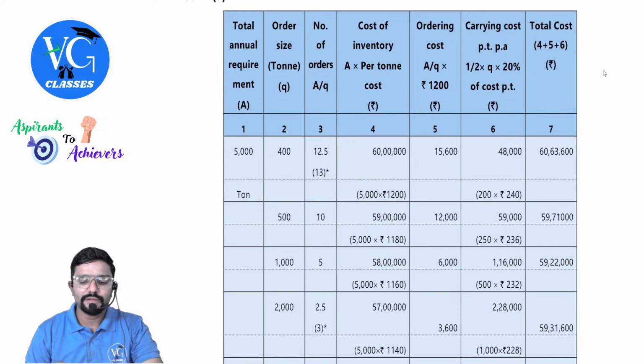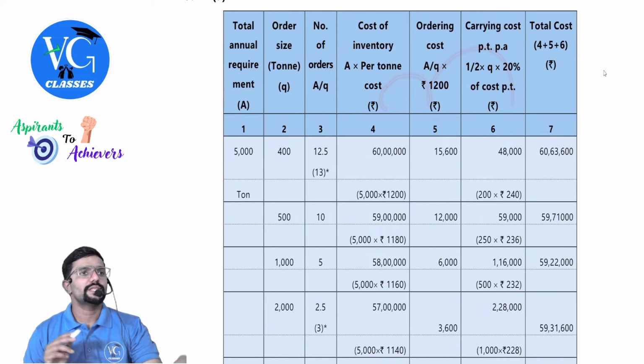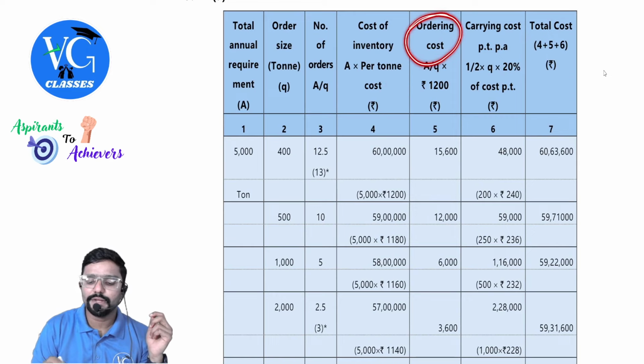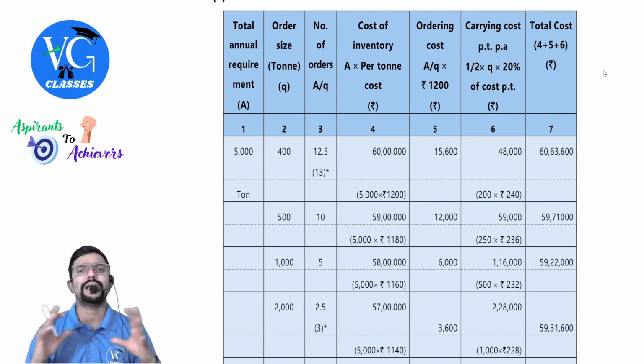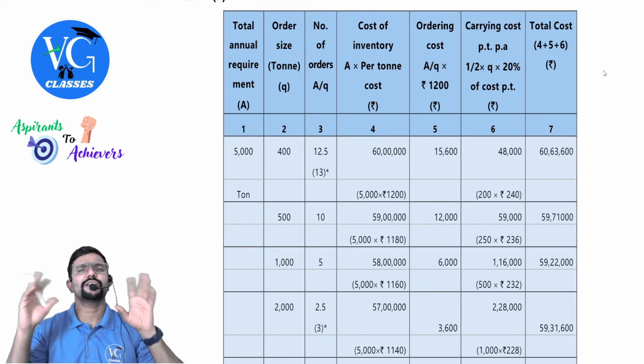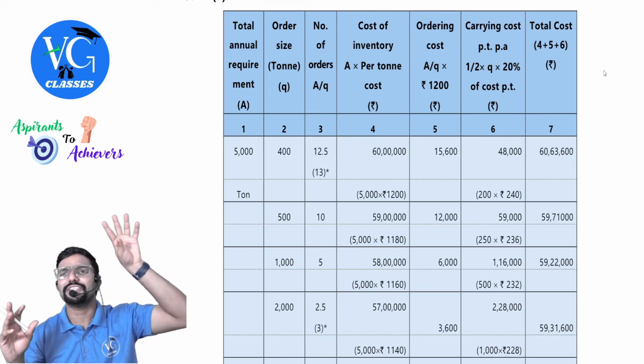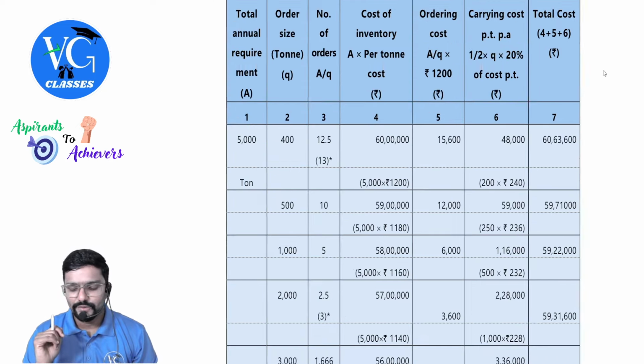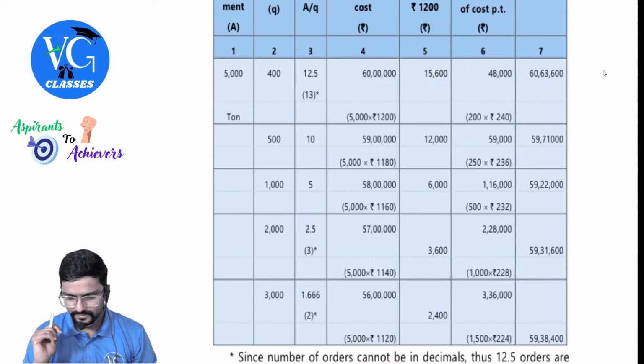Now we will add up all three: purchase cost, ordering cost, carrying cost. We will get total cost. We used to do that for cost, discount offer comparison. Similar to that we have done. Okay, sir. Where is the cost minimum, sir?